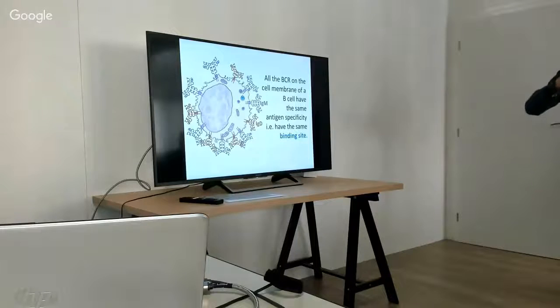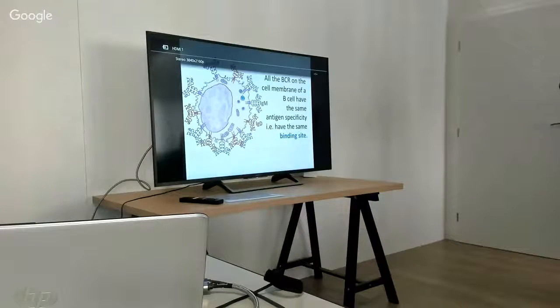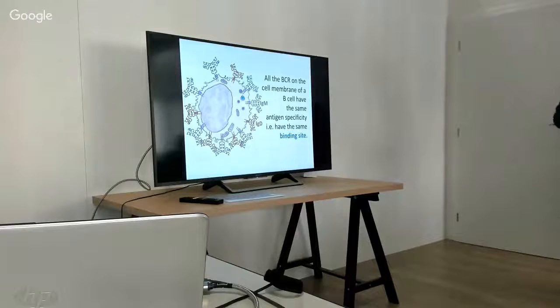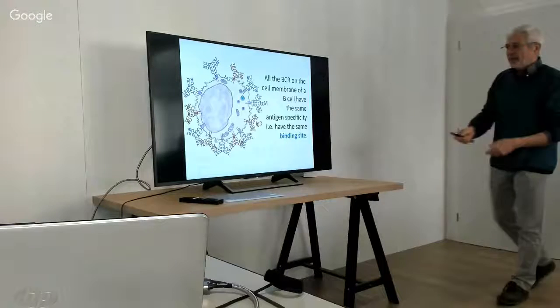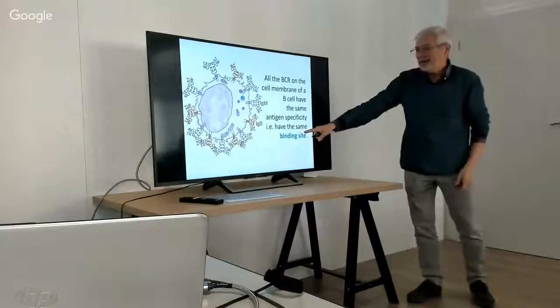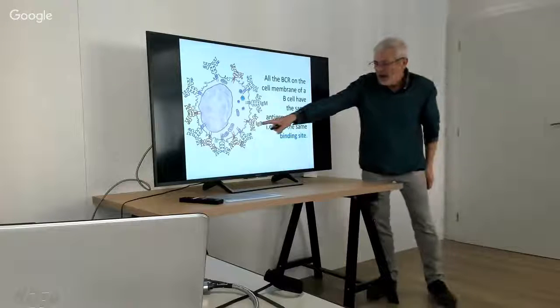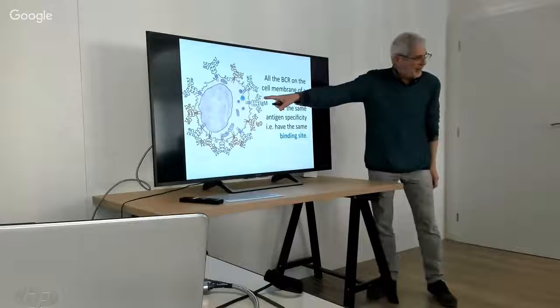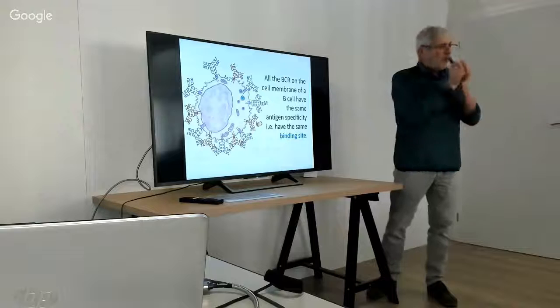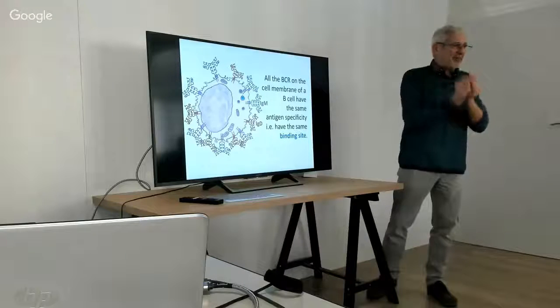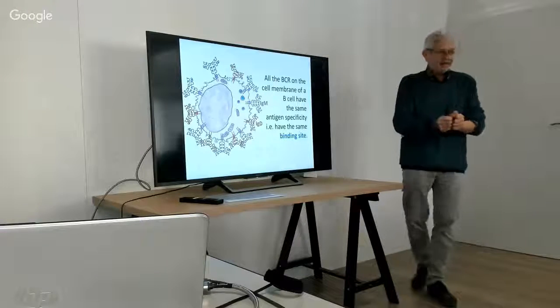All the B cell receptors have the same specificity on the surface of a single B cell. All TCR have the same specificity on the surface of a T cell. So all have the same binding site, even if IgD or IgM. So you cannot make a mistake in this question of the test, please.